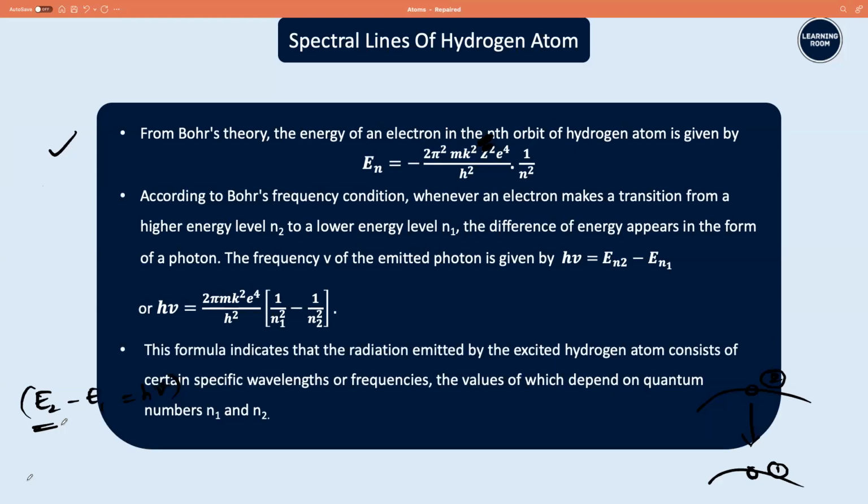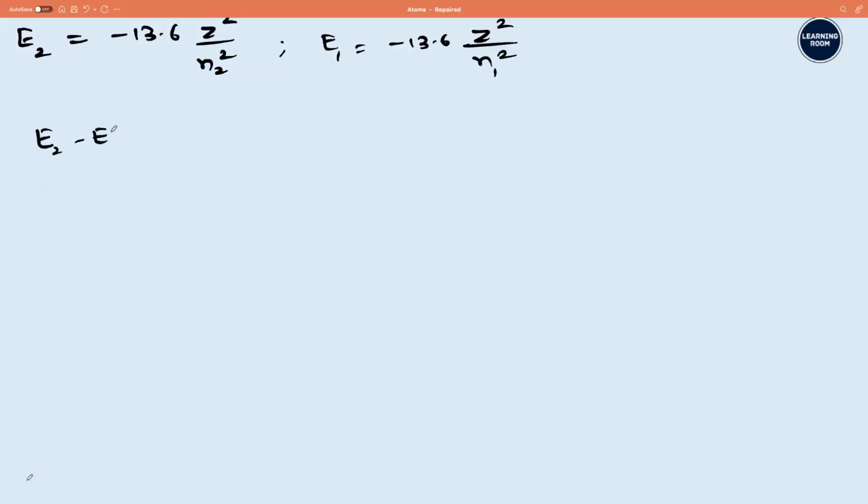Now, think of this logic. E2 will be minus 13.6 into Z square divided by n2 square. E1 will be minus 13.6 into Z square divided by n1 square. So what is the value of E2 minus E1?